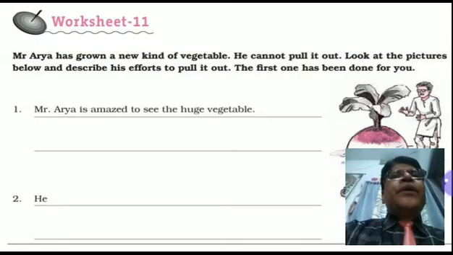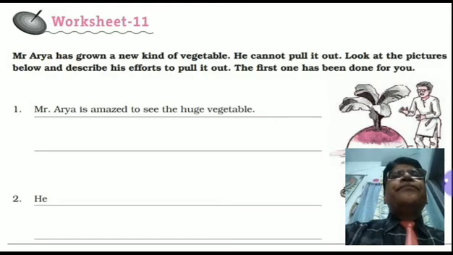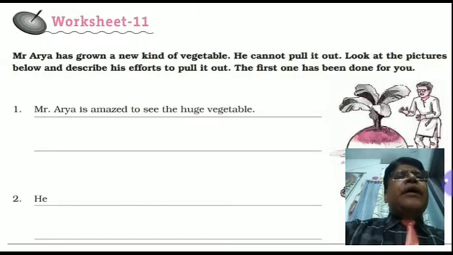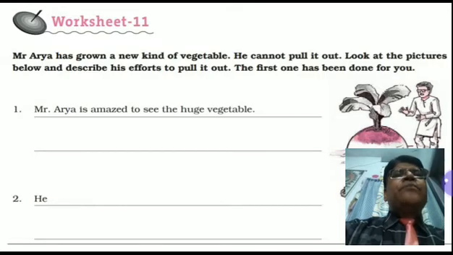Third number, he calls his wife for help. Fourth number, they both try to pull it out but they fail. Mrs. Arya calls her daughter for help. They all three try but they fail. Seventh number, Nikki calls her dog for help.